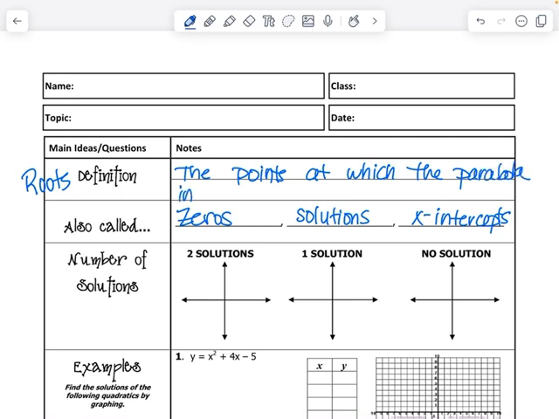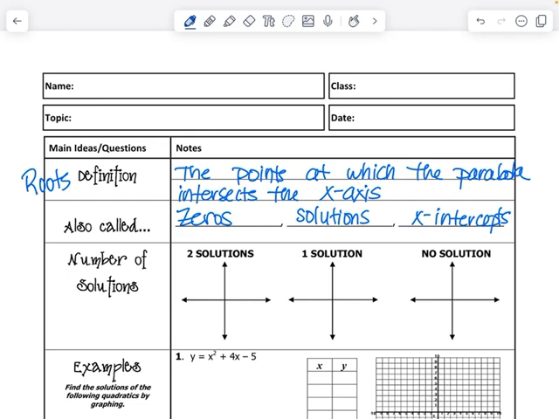Intersects the x-axis. So all four of these terms are interchangeable. Whether I say roots, zeros, solutions, x-intercepts, they all mean the same thing. Where does our parabola cross the x-axis?